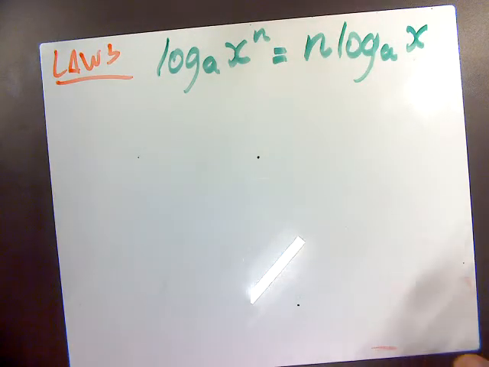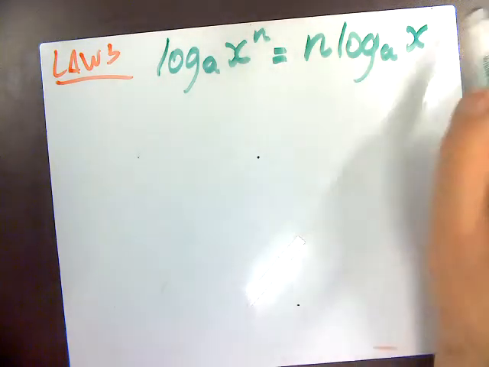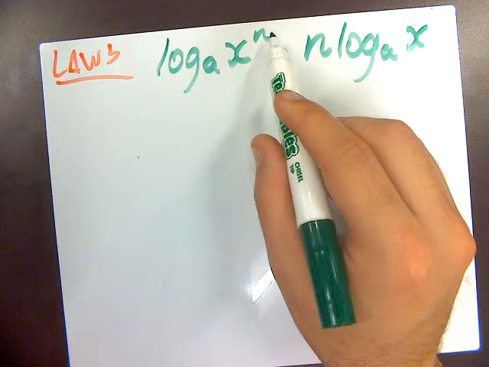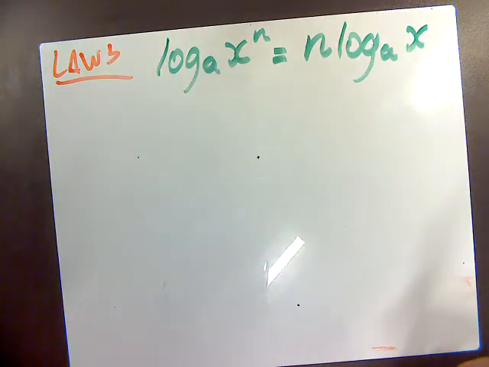So the only thing that's essentially changed is that instead of having x to the power of n, I can then take n out the front as a product of the whole logarithm.